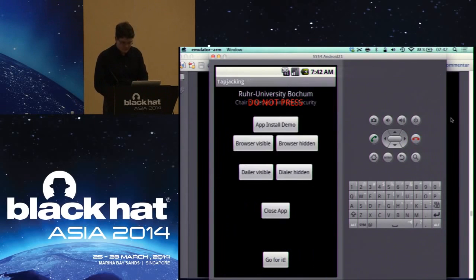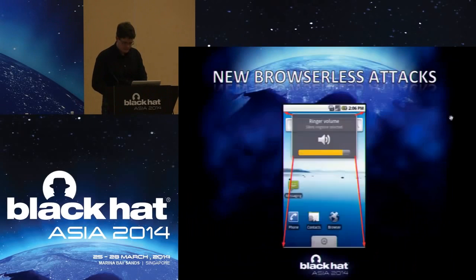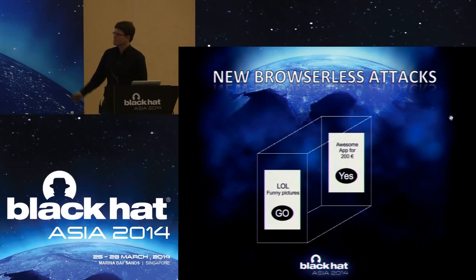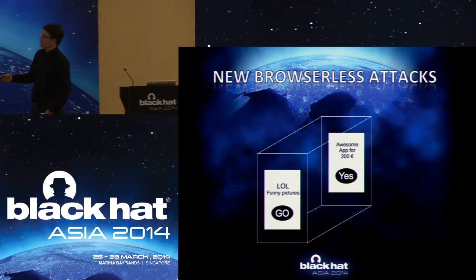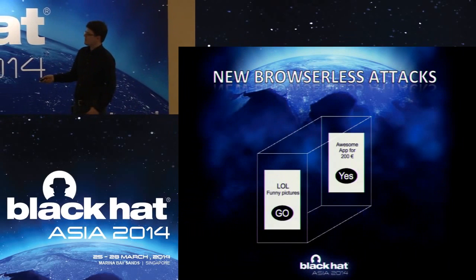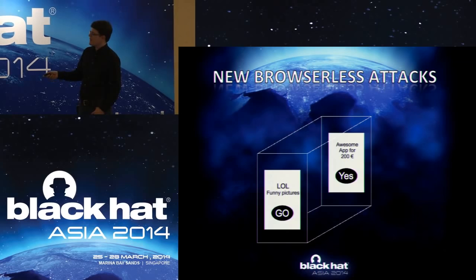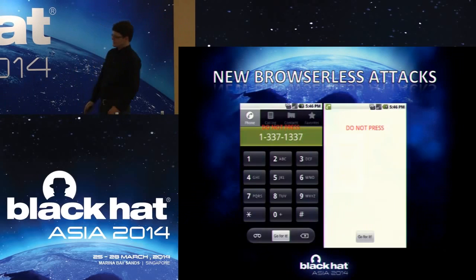So this is what happens. I have my notification, and I have my target application in the background. And by clicking on the notification, I will actually click under it because they are transparent for actions.